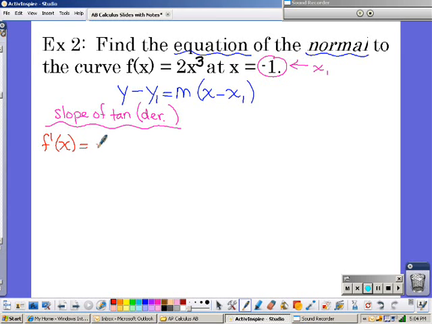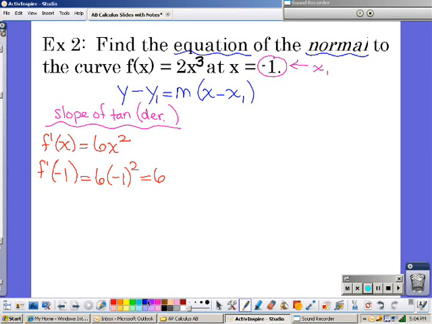It's another pretty straightforward power rule. I've got 6x squared. I want to find f prime of x when x is equal to -1. So I want to take this x right here, I want to replace it with a -1. So that's going to give me 6 times -1 squared, which is just 6.